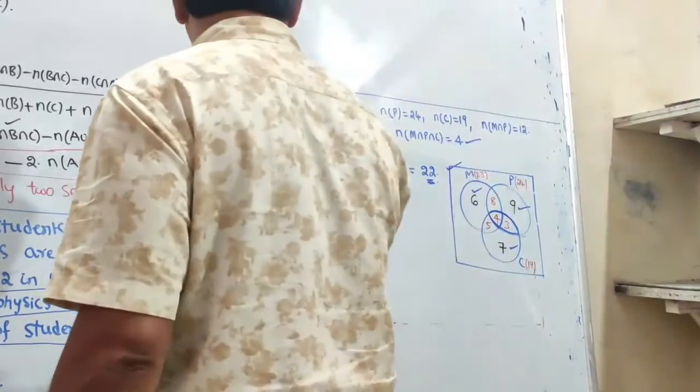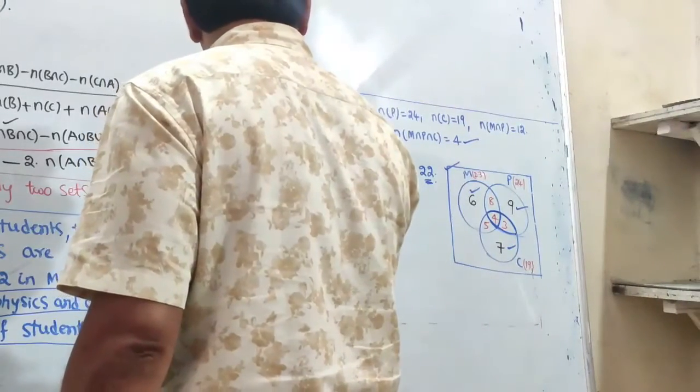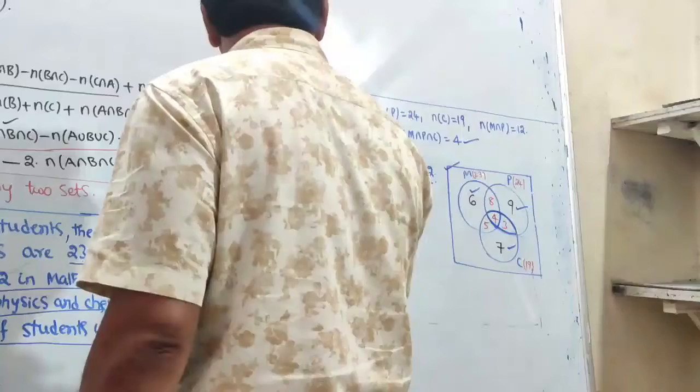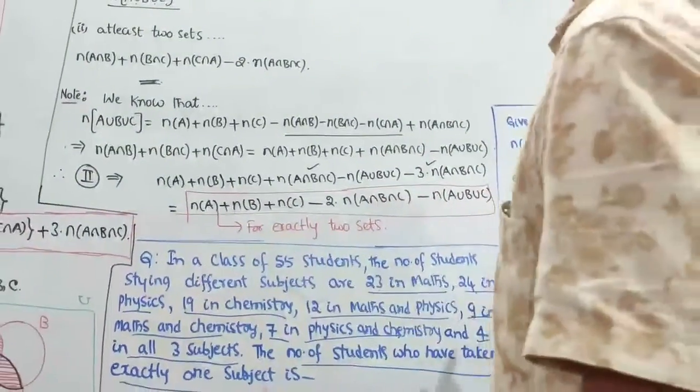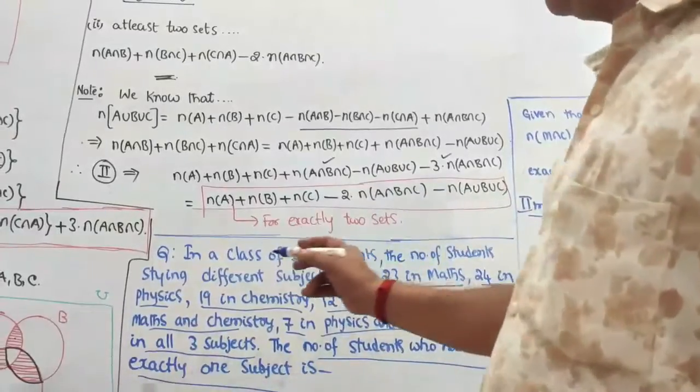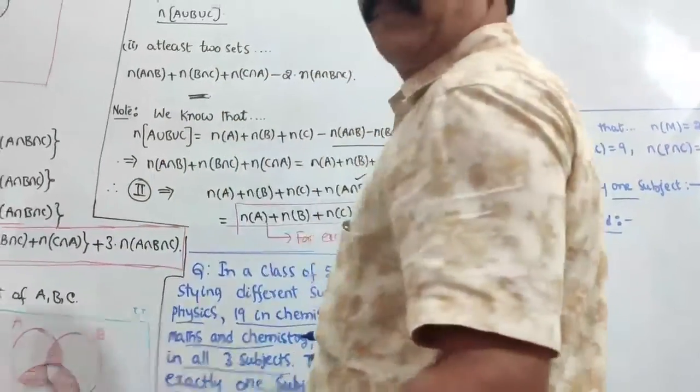Second method, formula. Exactly one subject means you come here.